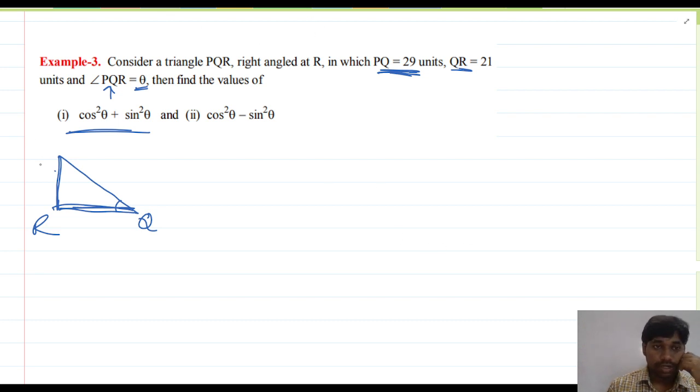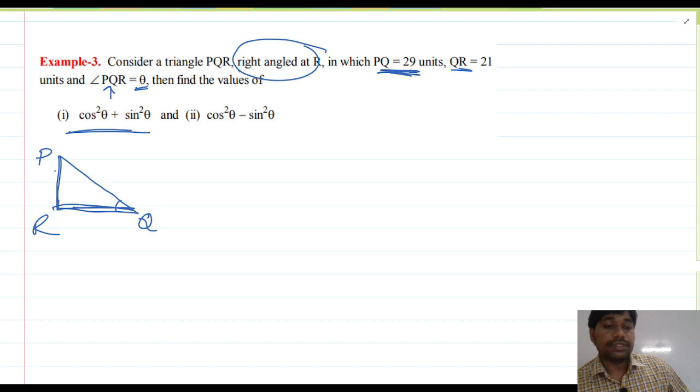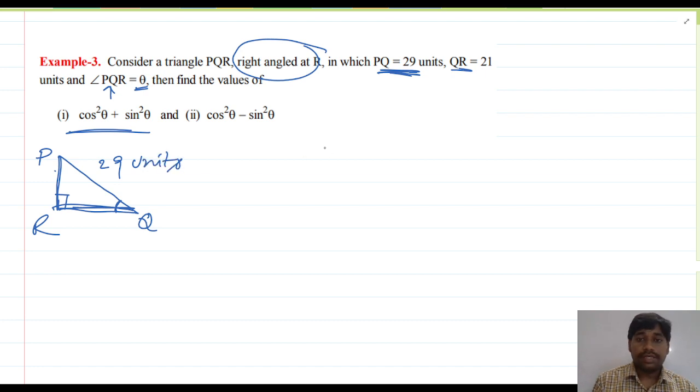So it is the P. Right angle at R. This is the mistake I made. So PQ is 29 units, and QR is this adjacent side, 21 units.